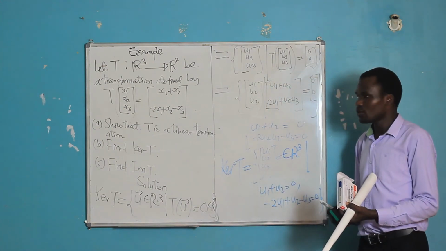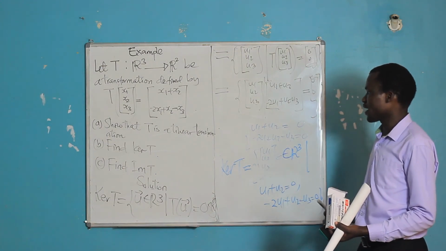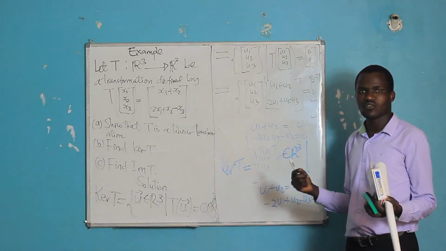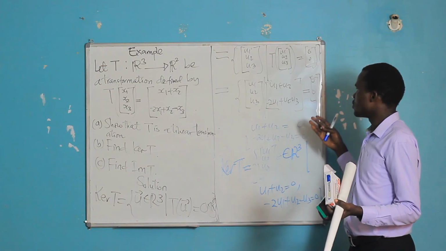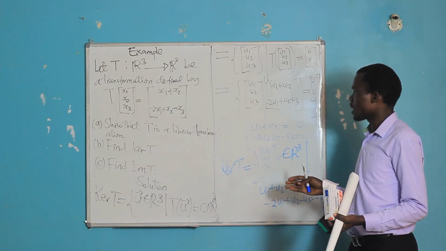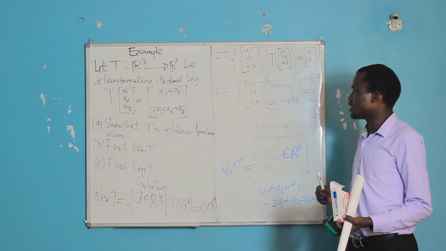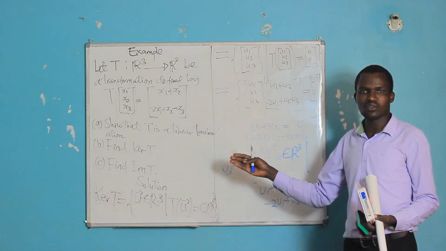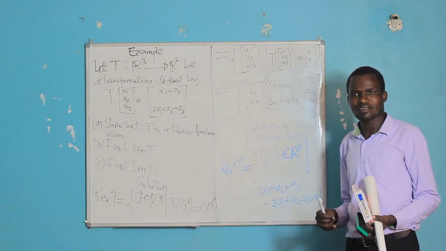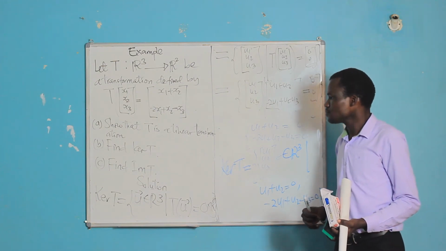Okay, my dear students, next we are going to find the image. We find the definition and do the same procedure we have done finding the kernel of the linear transformation. I give you this one as an exercise to do.